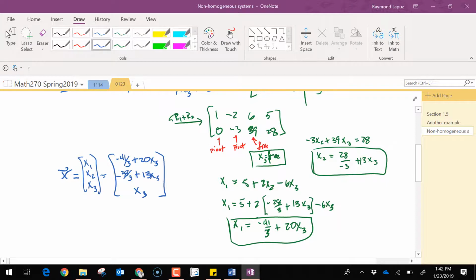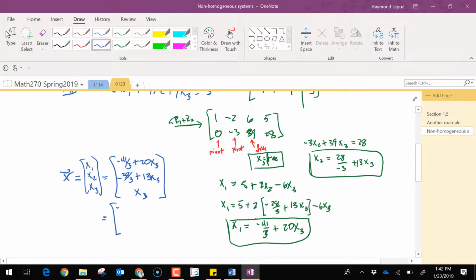So if we peel this apart, we can take a look at the constant terms plus numbers times x3. So we can actually split this up into a couple of vectors.